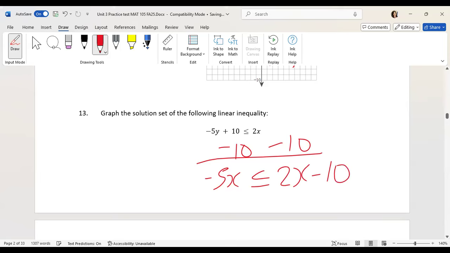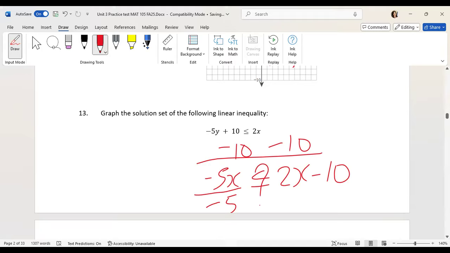The next thing I want to do is divide all through by the coefficient. Be careful this time. We are dividing by a negative sign and there's an inequality. So divide by negative 5. I'm dividing by a negative. This inequality will flip to greater than or equal to.